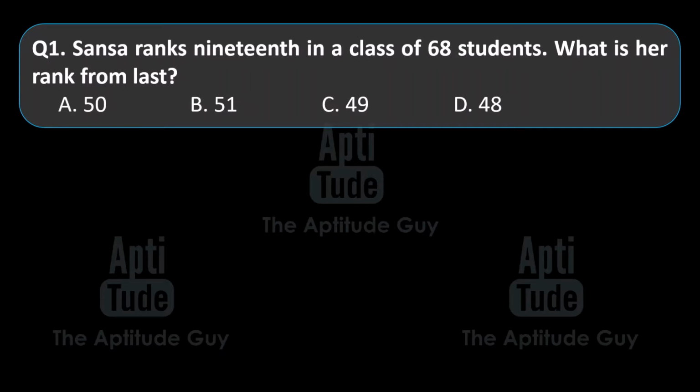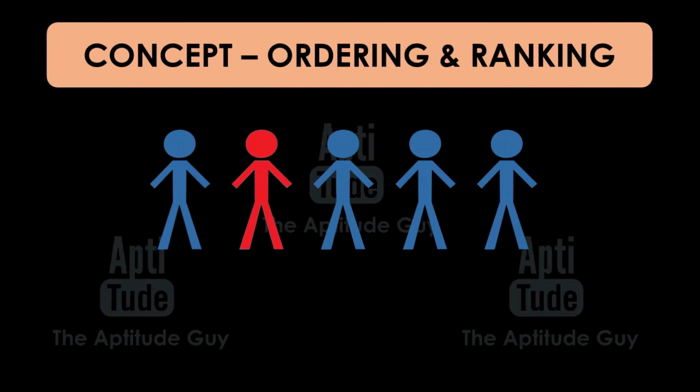Now, as per my prediction, the two most probable answers that you would have had are either A or C, either 50 or 49. One of those two is definitely correct, but which one we will see in some time. Now before I solve that question, let me teach you the basics, the concept of ordering and ranking.